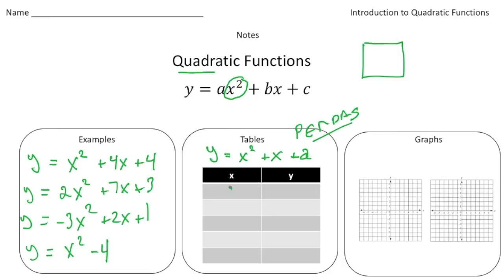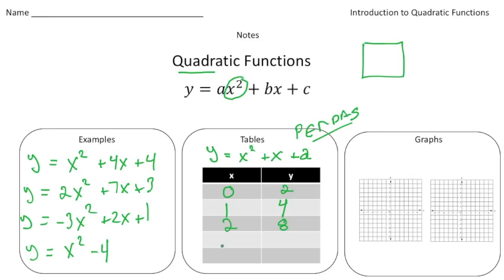So let's say if x is a 0, 0 squared is 0, plus another 0 is 0, plus 2 gives you a 2. Let's use, say, 1. 1 squared is 1. 1 plus another 1 is 2. Plus 2 is 4. Let's go with 2. 2 squared is 4, plus 2 is 6, plus 2 is 8.